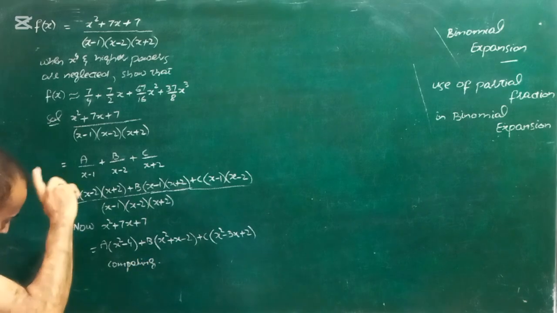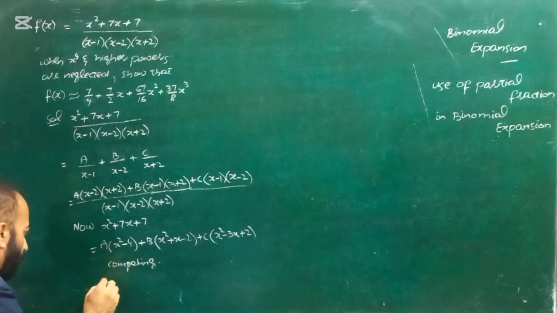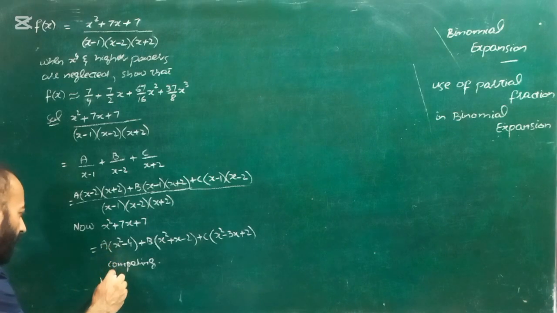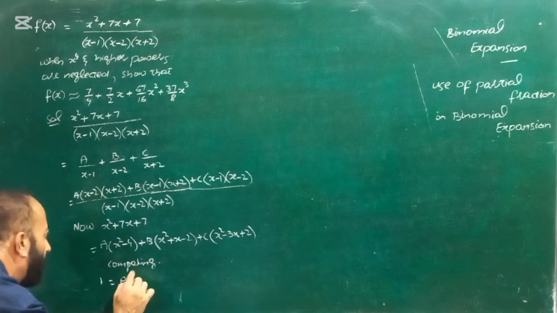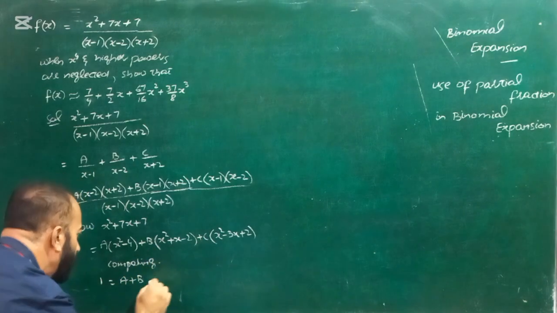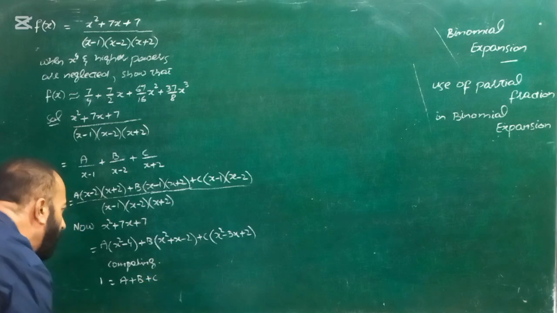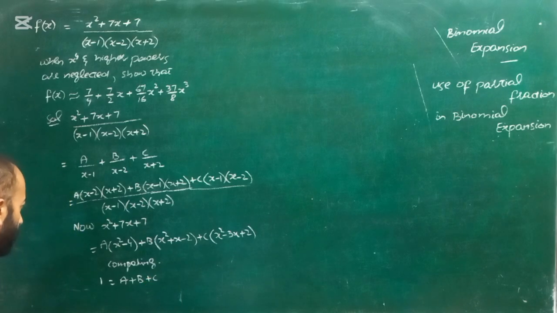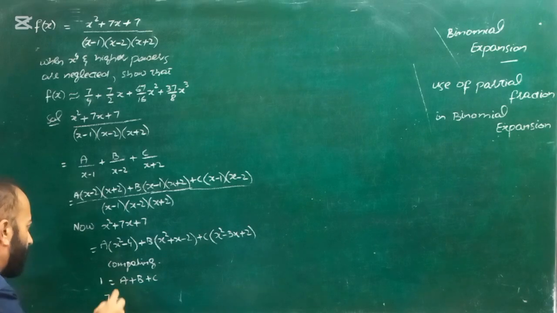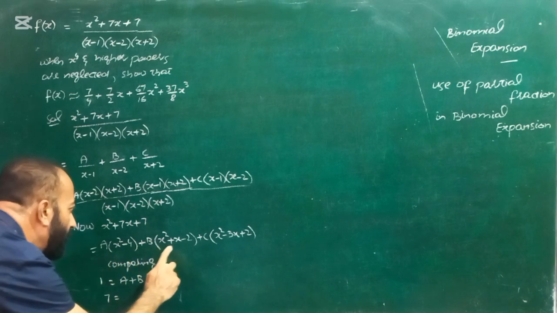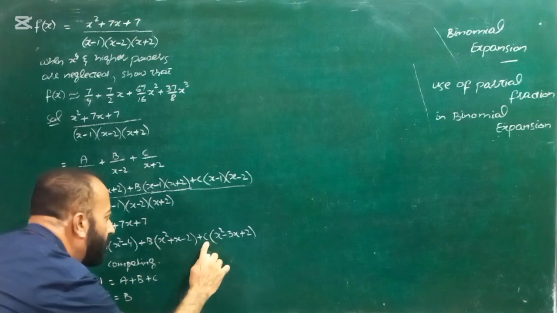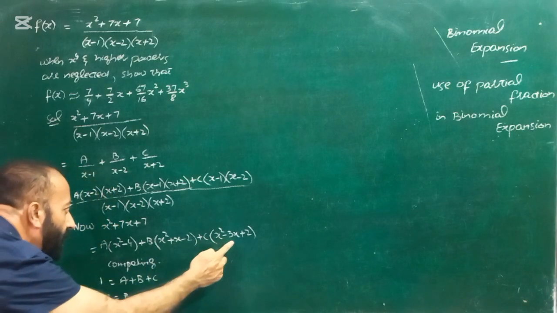so the coefficient of the x square on both sides is 1, exactly 1 on the left hand side, and on the right hand side will be a plus b plus c. Okay, then the coefficient of the x is 7. So from here this is plus b, and from here minus 3c.